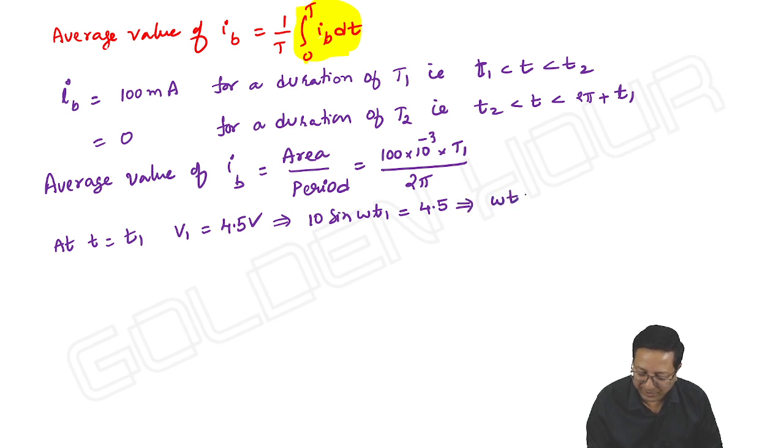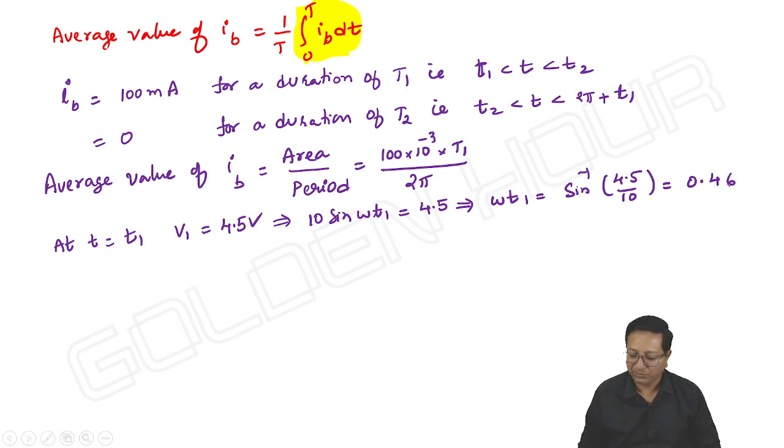Implies omega t1 is equal to sine inverse 4.5 by 10. If you see it, you will get it around 0.46. Omega t1 is in radians, not radians per second. Omega is radian per second multiplied with time, so that gives radians.